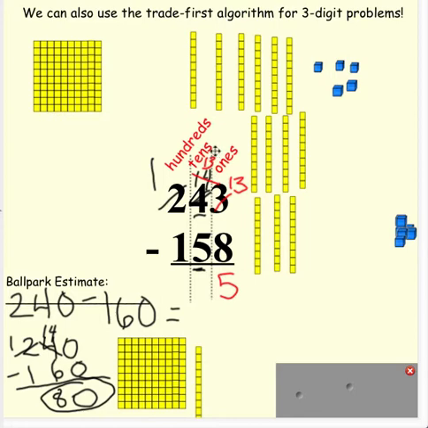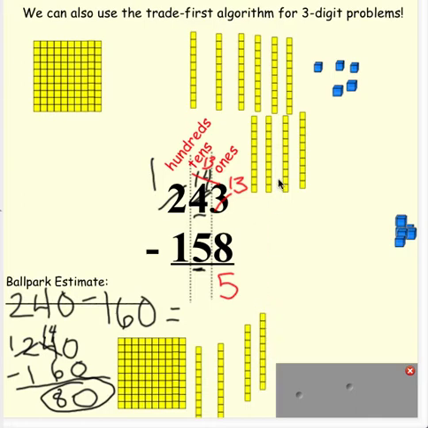I have 13 of them, and I want to take away 5. 1, 2, 3, 4, and 5. How many 10s are left? Yes, there's 8.